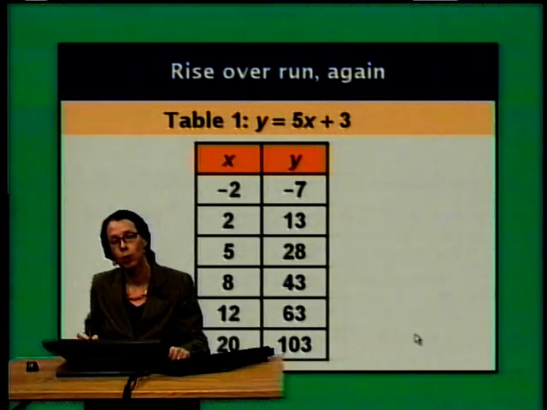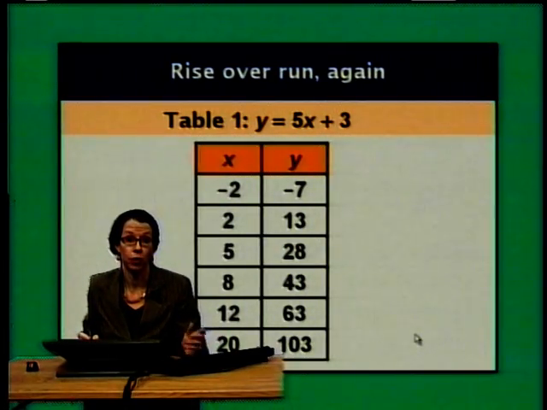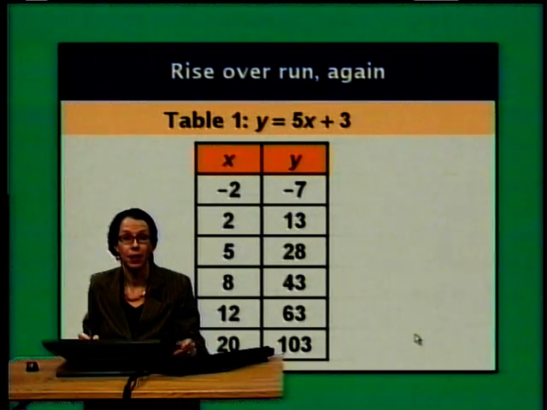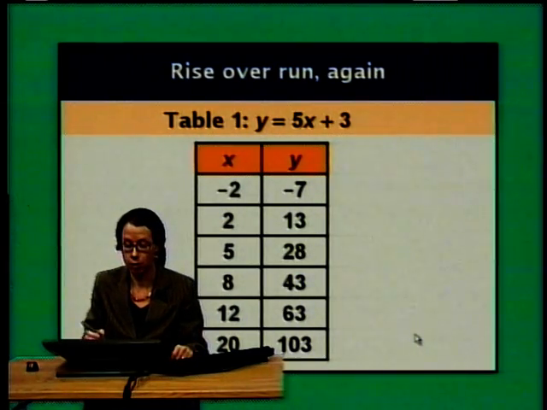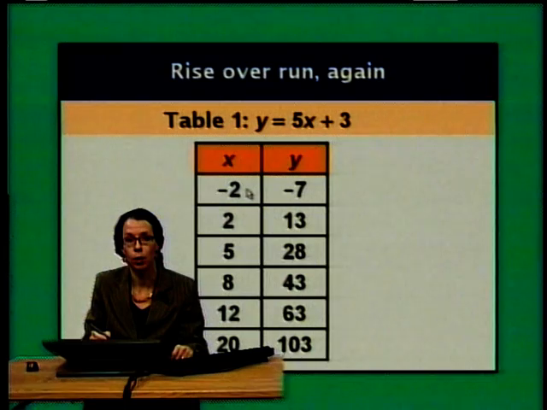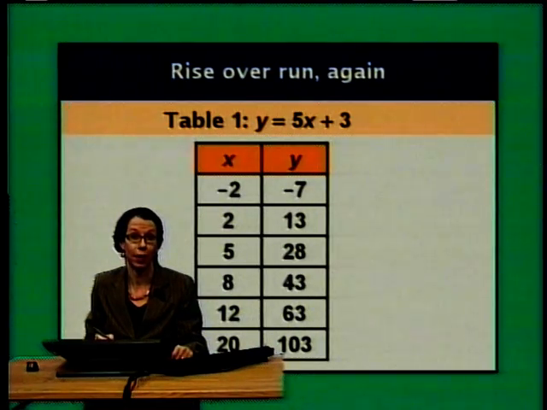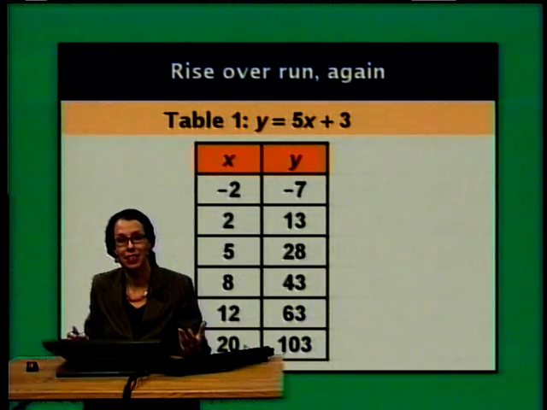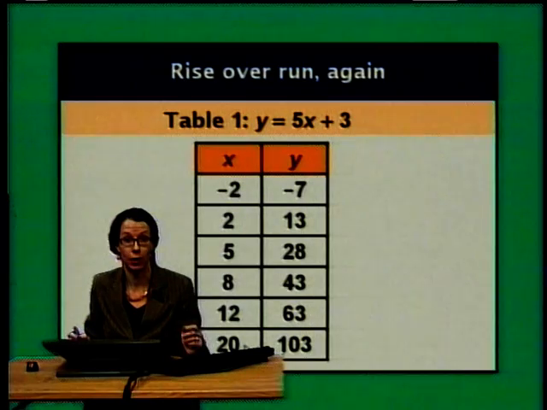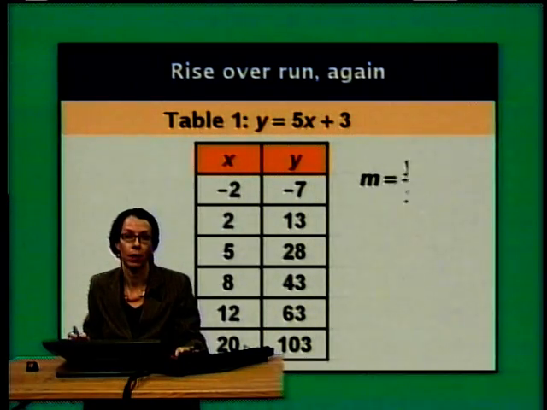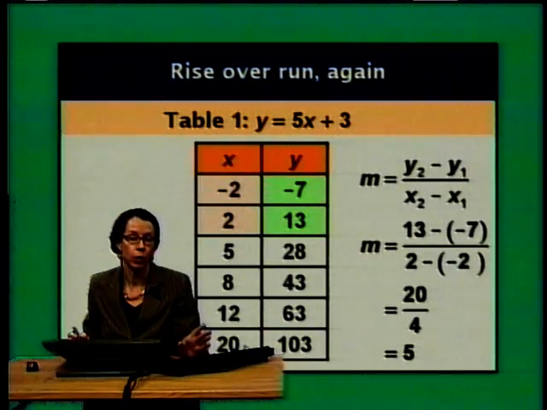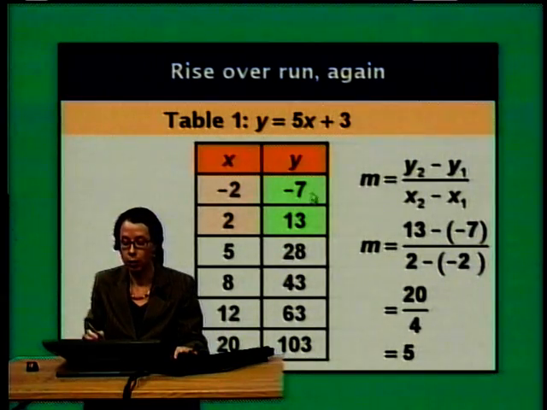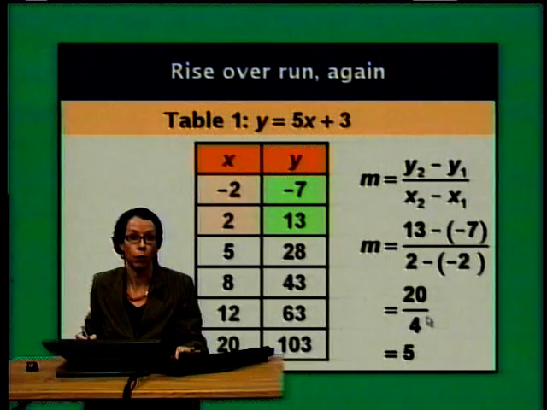Now, sometimes when we're looking at solutions to an equation, as we are in this situation, there may not be such a nice pattern. If we look at the x values here, we see that the x values increase by 4, by 3, by 3, by 4, by 8. So we don't have a consistent change in the independent variable, x. But when I calculate slope, choosing pairs of points, when I look at the first pair of points, I get a rise of 20 over a run of 4.